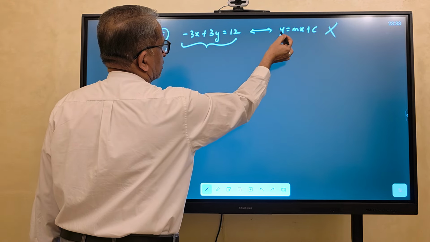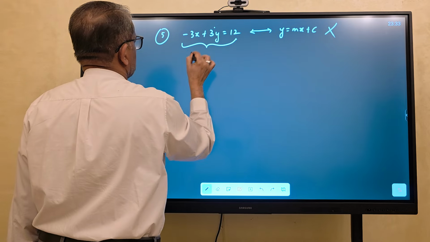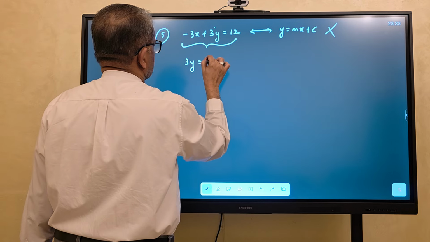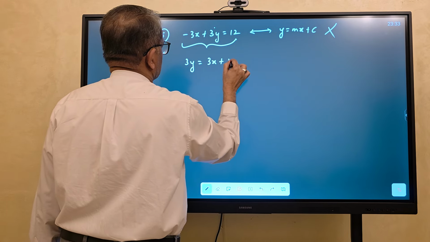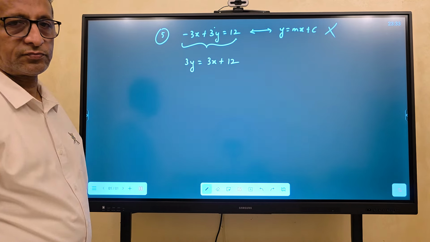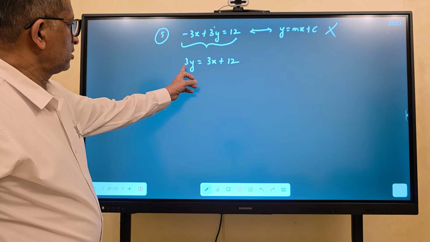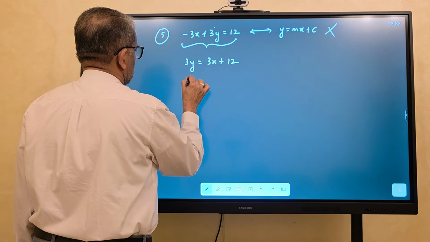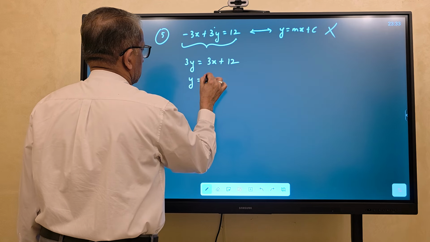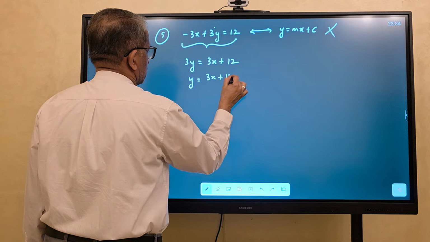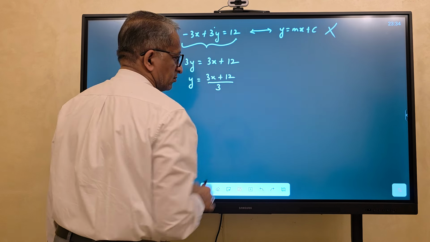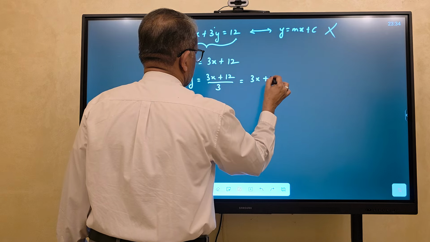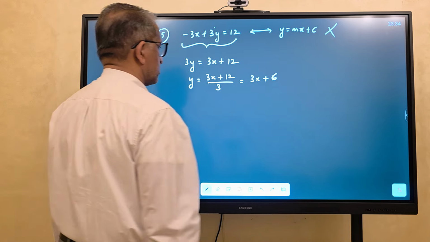That means y on the left. So I will keep this 3y on the left. Bring minus 3x to the right. So we get this. Then I want only y on the left. So divide by 3. So y equals 3x plus 12 by 3. So dividing, it becomes 3x plus 6.